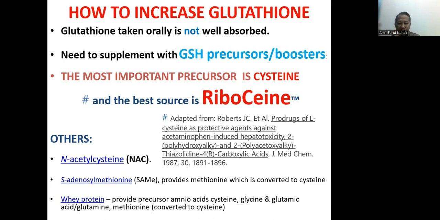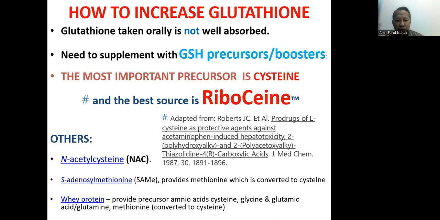The second best and the most researched is N-acetylcysteine, which was also actually the product of the research of this company. But it's been around for so long, well, there's no patent over it, so a lot has been used on research. So a lot of what we know about glutathione actually was researched on NAC.